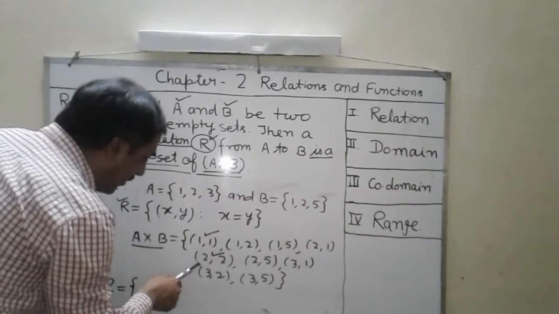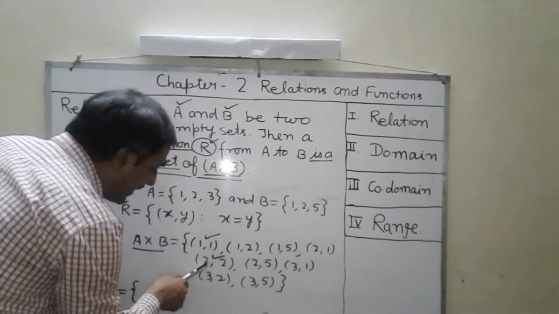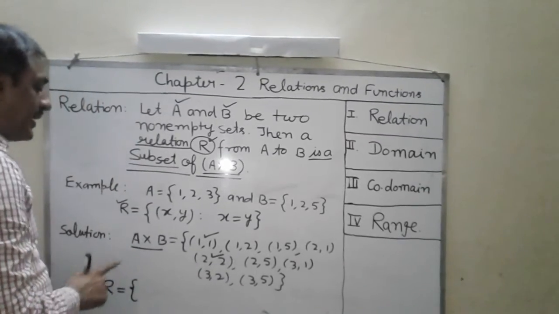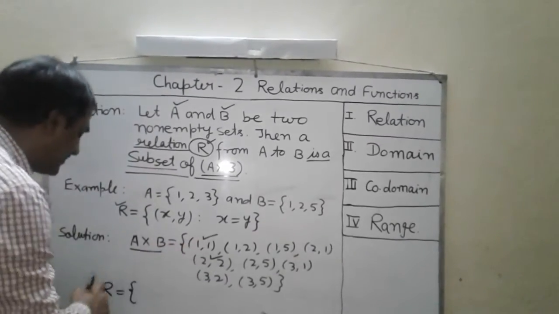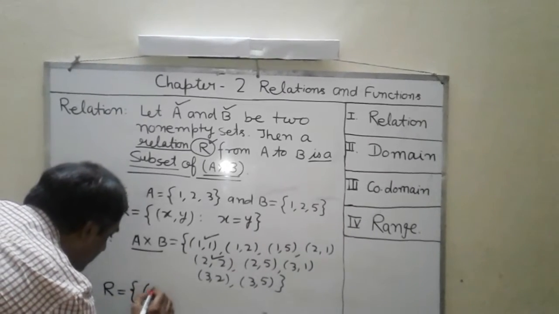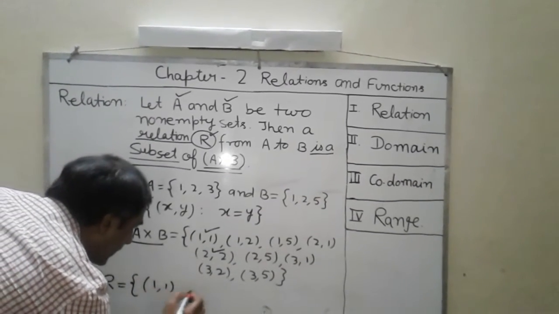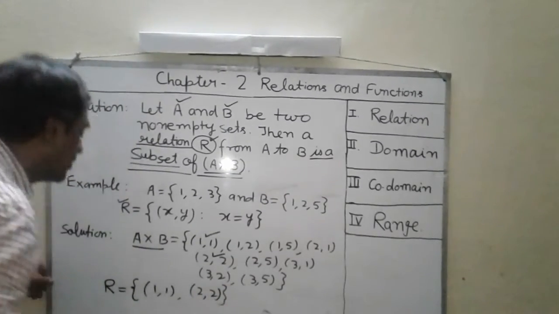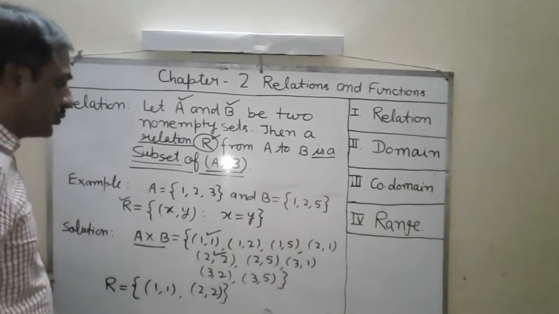So the value of R is equal to {(1, 1), (2, 2)}.